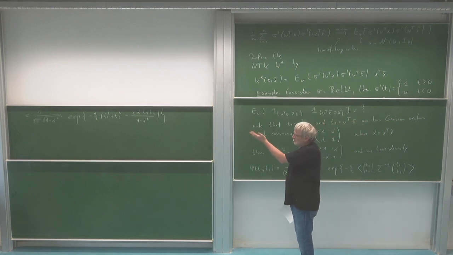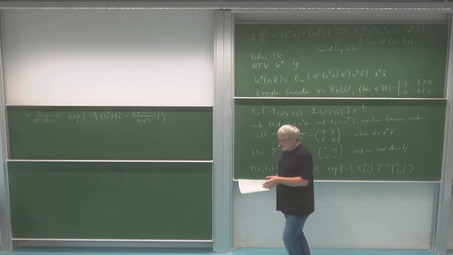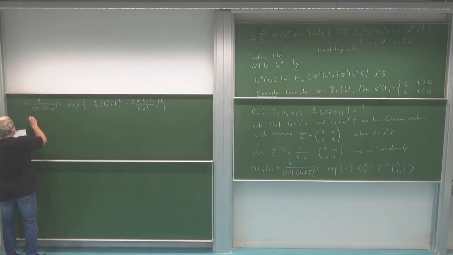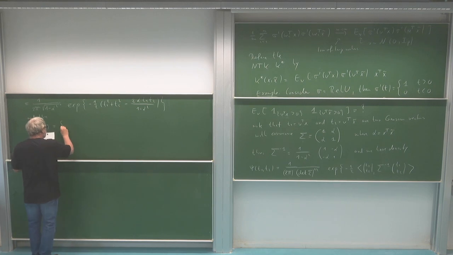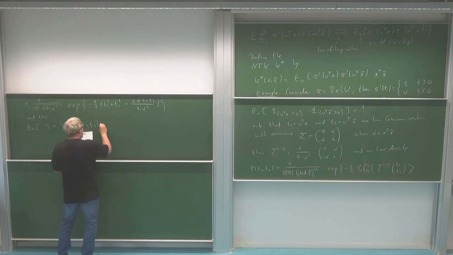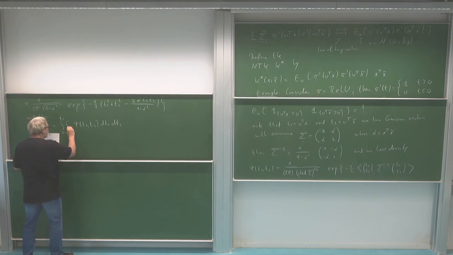So in principle, I have to integrate this density over the part where T1 and T2 are positive, and that would be the answer. So our expectation with respect to V of this quantity would just be the integral over this density, psi1, psi2, dt1, dt2, but only over the positive part. So this means I'm integrating only from 0 to infinity for both of them.